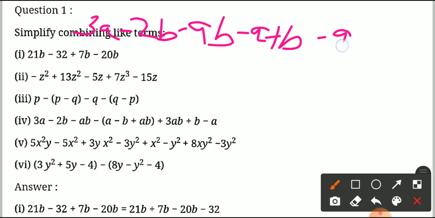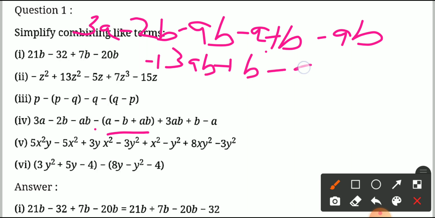Why is it so? Because of this minus sign. Here we have a minus sign, so when we open this bracket, the sign inside the bracket will change. So minus becomes positive and positive becomes negative. Then plus 3ab plus b minus a. It will remain the same because this is not inside the bracket and there is no minus sign outside it.